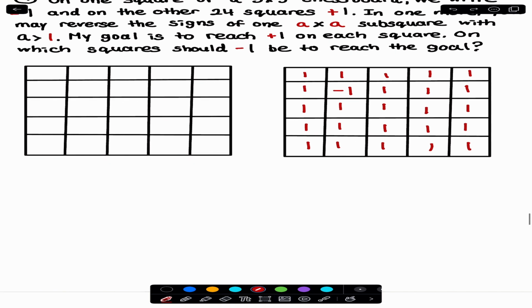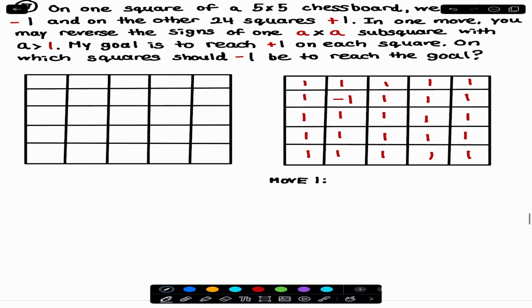So a possible move, let's say, could look something like this. So let's say after move 1, let's say we focus on this 2 by 2 subsquare.